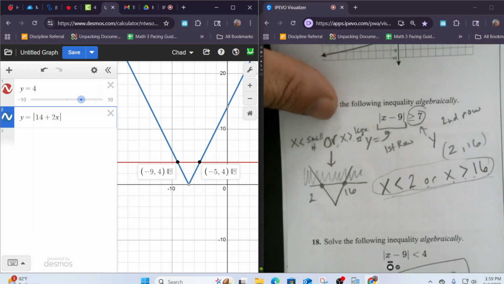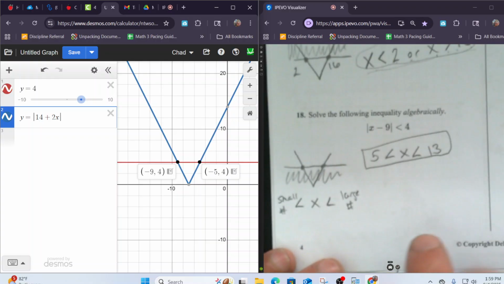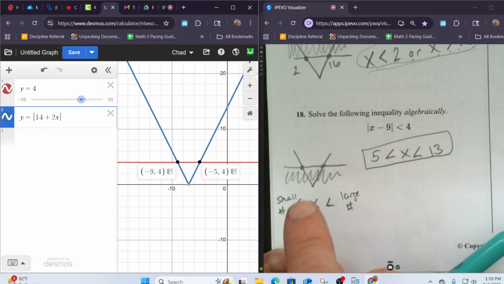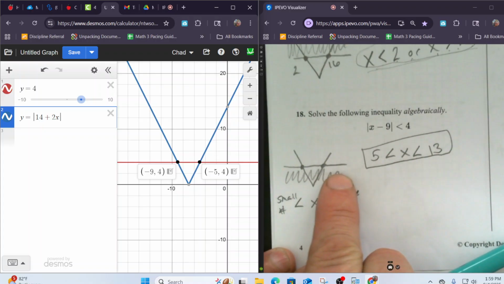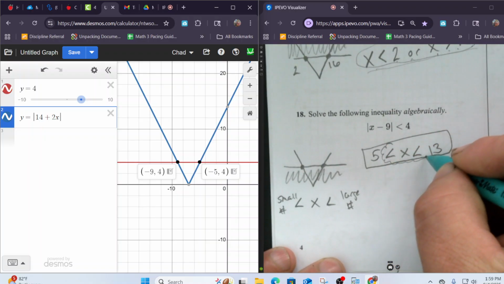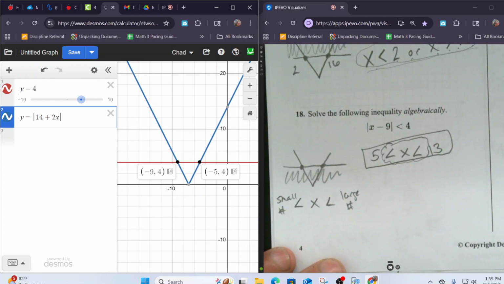All right, last but not least, if you graph this one, the V is in the shaded region. Automatically you know that if the V is in the shaded region, it's a compound inequality, okay?